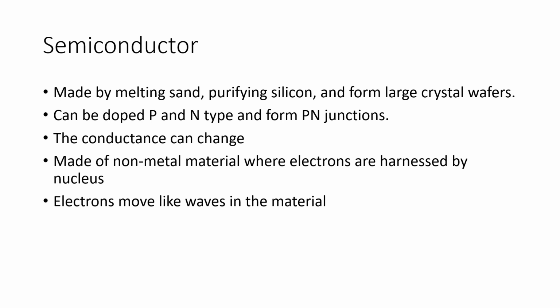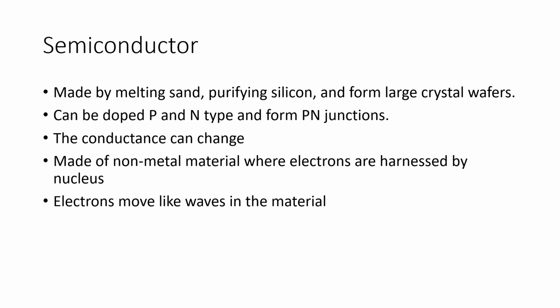The material's name may be misleading, but the important thing is that a semiconductor can be doped. You can add impurities to it to form p-type or n-type. And when the p-type and n-type merge at the interface, we form what's called a p-n junction. And the conductance of the p-n junction can change.